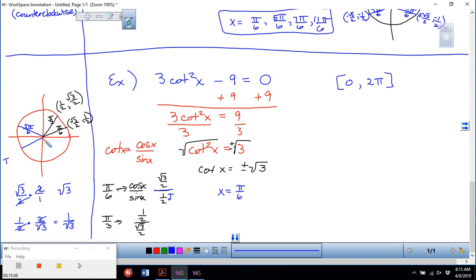And then in the fourth quadrant, we would get a negative square root of 3 at 11 pi over 6. And this location in the third quadrant is 7 pi over 6. So pi over 6, 5 pi over 6, 7 pi over 6, and 11 pi over 6 are our solutions for 3 cotangent squared x minus 9 is equal to 0.